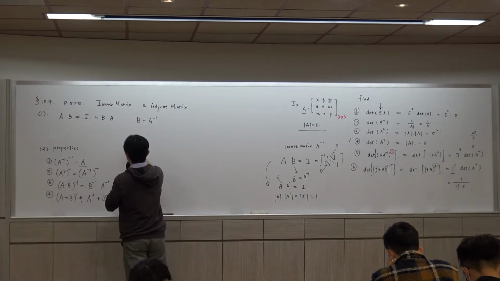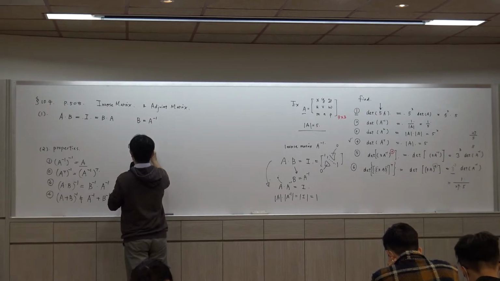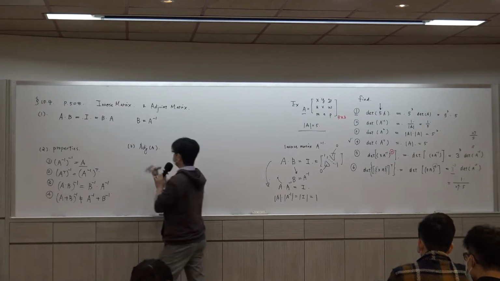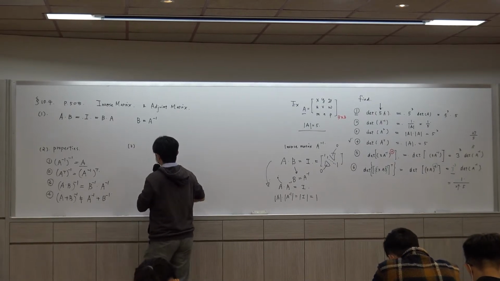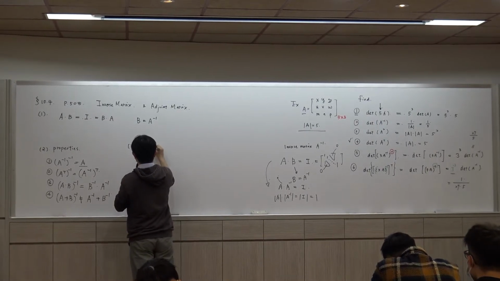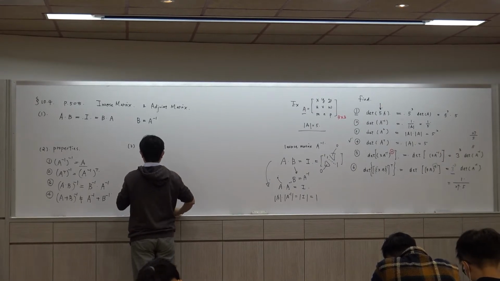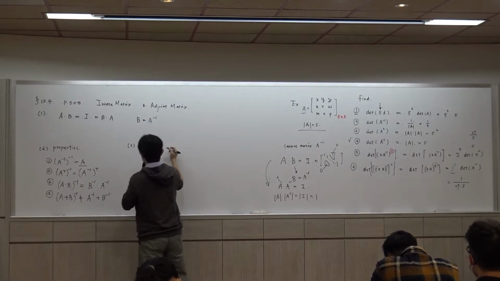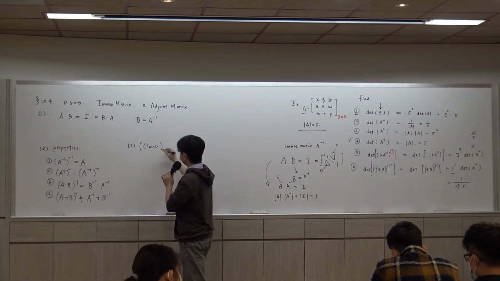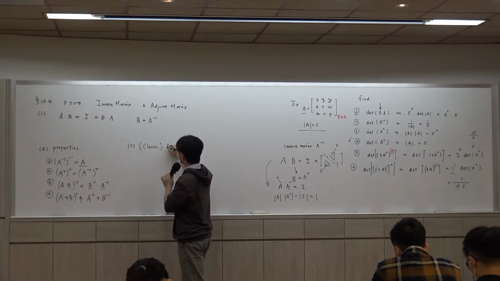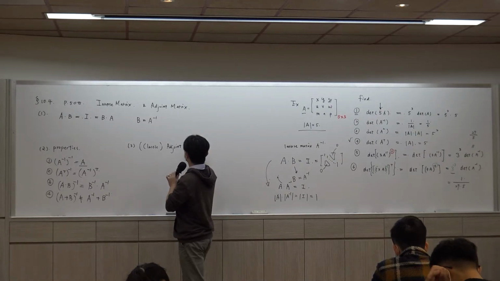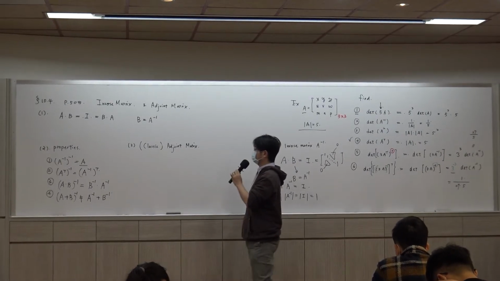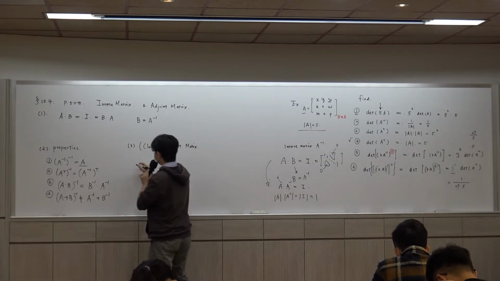So the third issue is the adjoint matrix, in some textbooks also called the classic adjoint matrix.